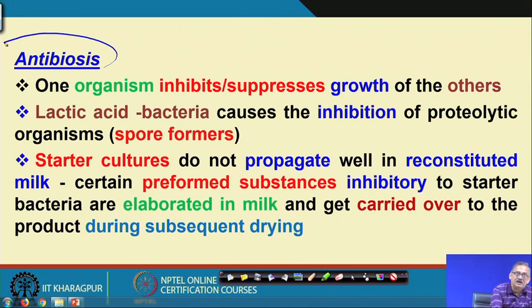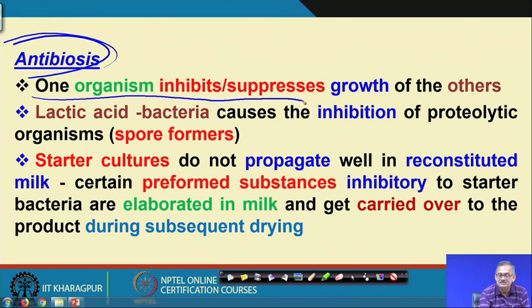In antibiosis, one organism inhibits or suppresses the growth of other organisms, as I said, lactic acid is being produced by lactic acid bacteria. That product inhibits the growth of other organisms, right. This is called competitive inhibition.